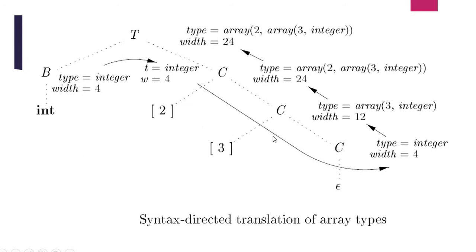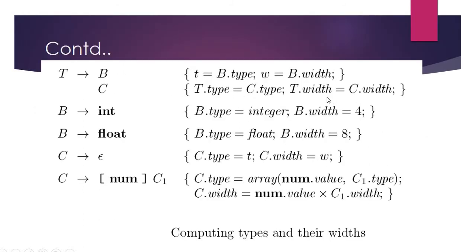So the array size is 3, each element is an integer, and each element will occupy 4. Now we have to find the total width. So type equals array of 3 comma integer, and how are we going to find the width? In the previous slide, if you observe, C.type, the parent type, we calculate as array of number.value comma C1.type.